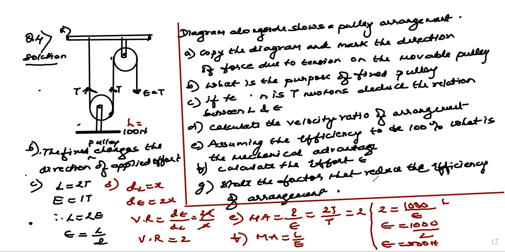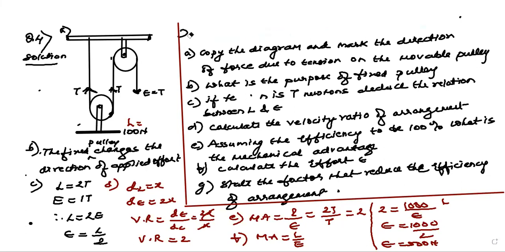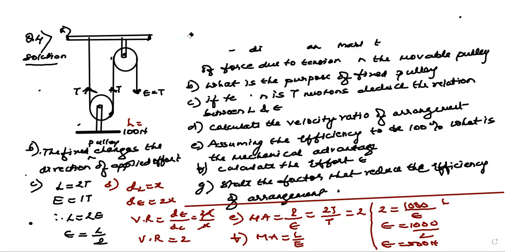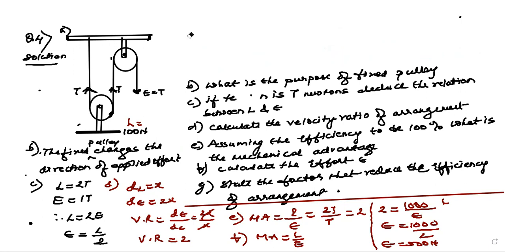And the last part of the question is: state the factors that reduce the efficiency of the arrangement. Arrangement means we are not talking in general, children, please have a look here. Why can a machine never be 100% efficient?